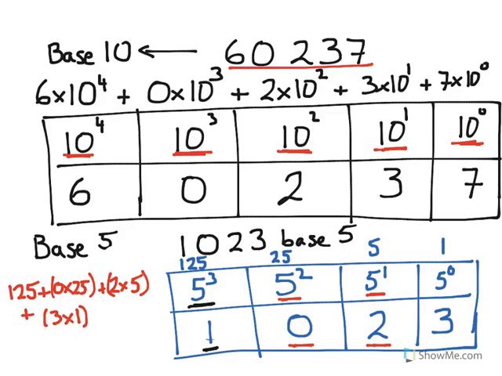So we can see that we've got 125 plus 10 plus 3, giving us that 1023 in base 5 is equivalent to 138 in base 10.